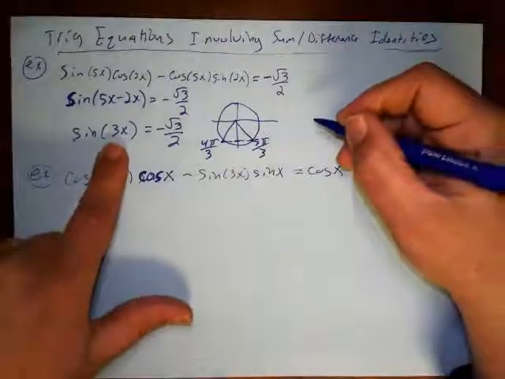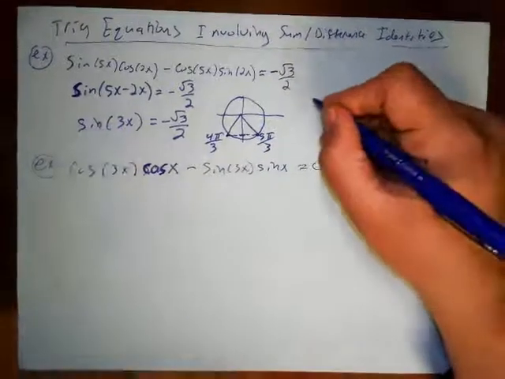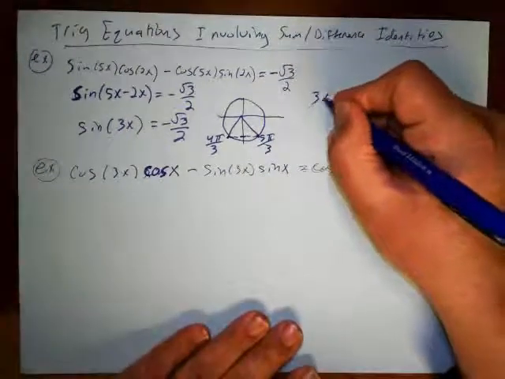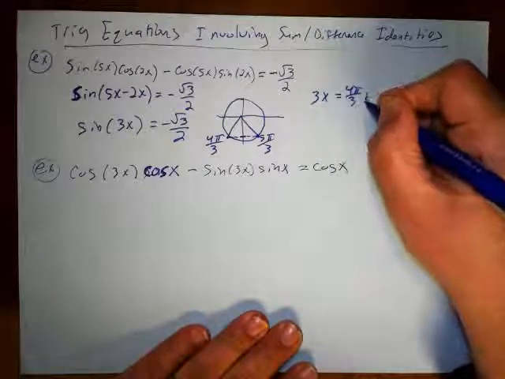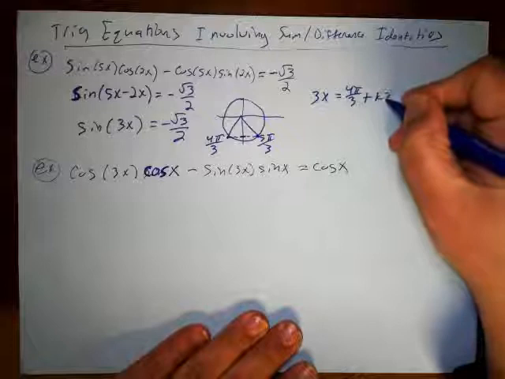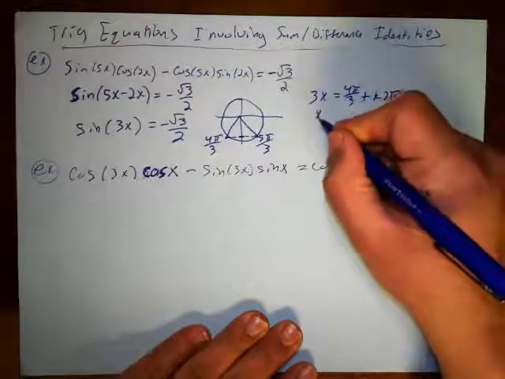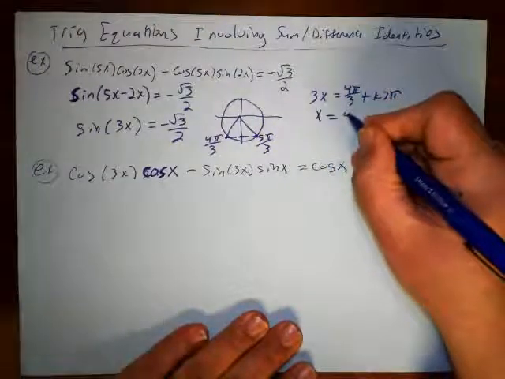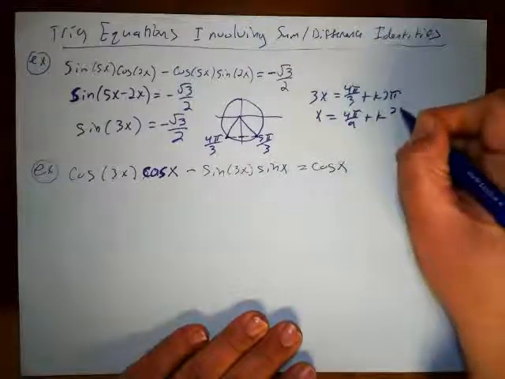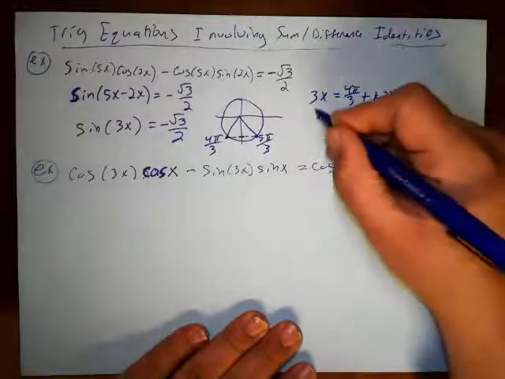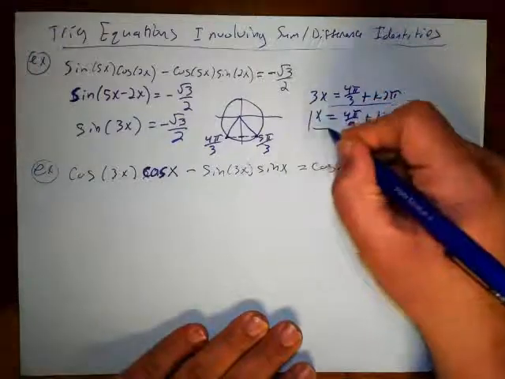But you have the multiple angle, so I'd have 3x is equal to 4 pi over 3 plus k times 2 pi. And so I would have x is equal to 4 pi over 9 plus k times 2 pi over 3. So that would be one of my solutions.